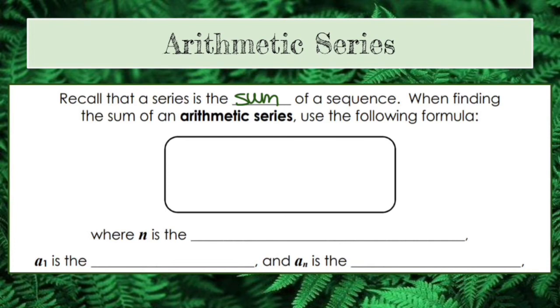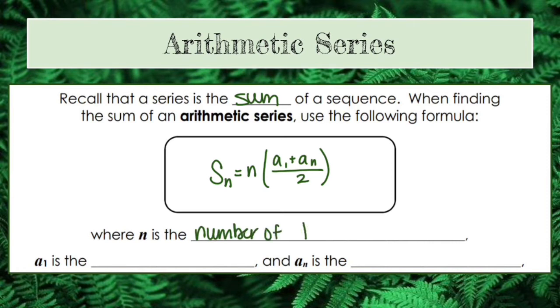So the formula for this is capital S sub n equals n times A1 plus AN divided by 2, where n is the number of terms, A1 is the first term, and AN is the last term.